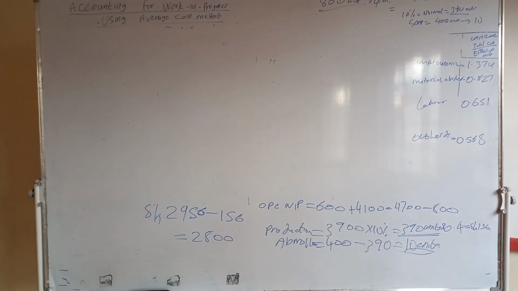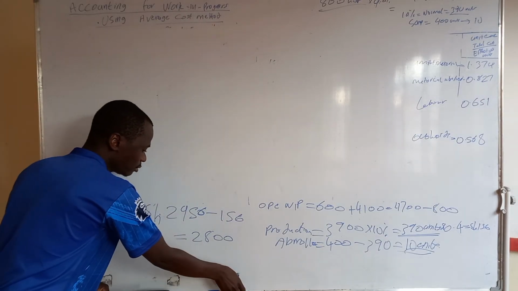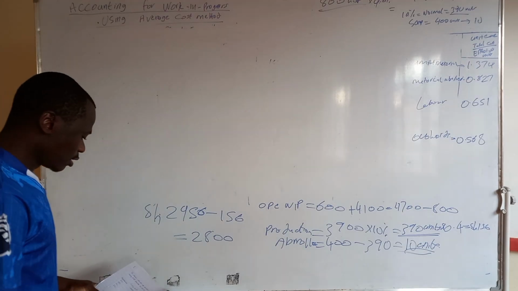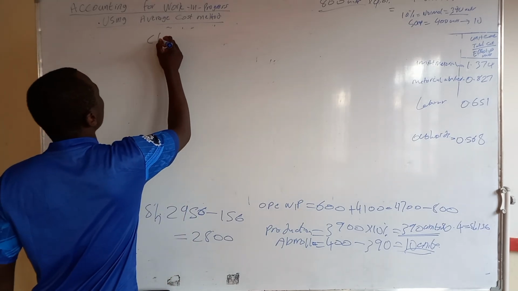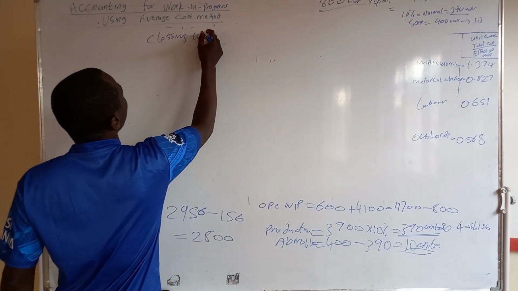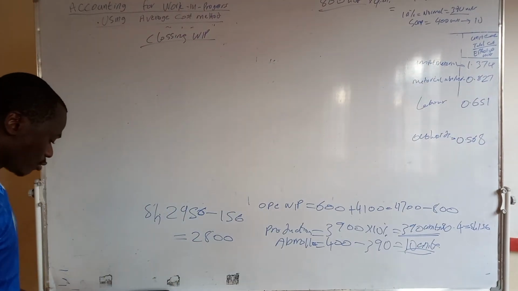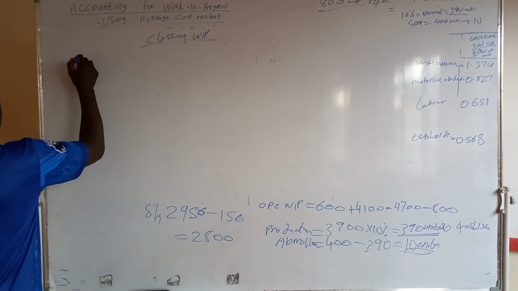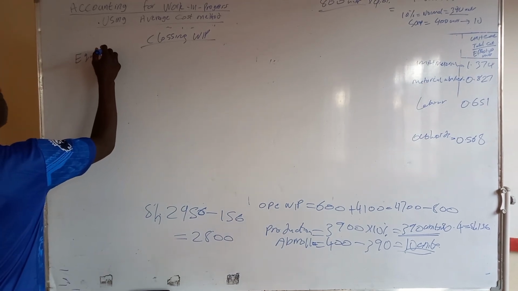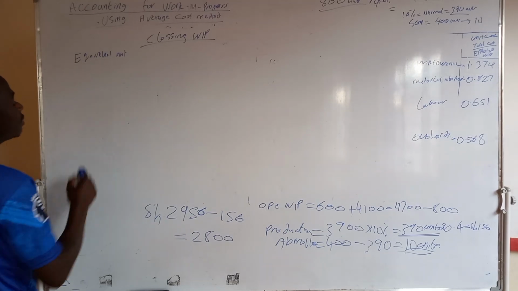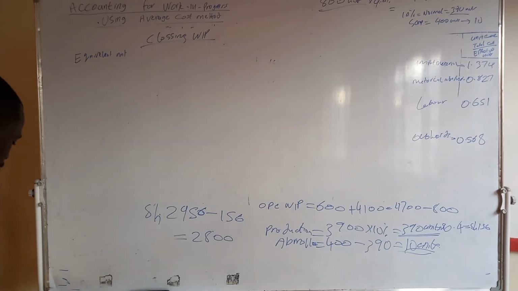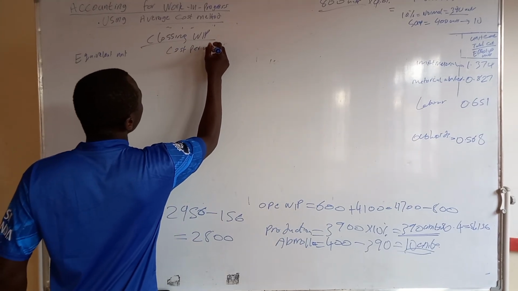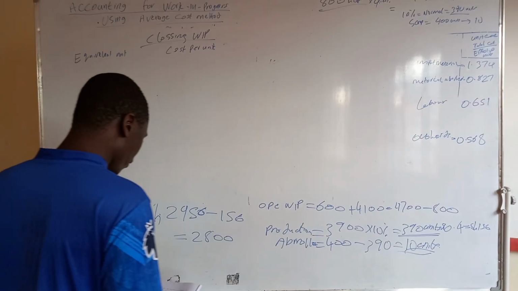Now, first, we want to know the value of closing work in progress. We have the equivalent unit, we have cost per unit, and then we have value.